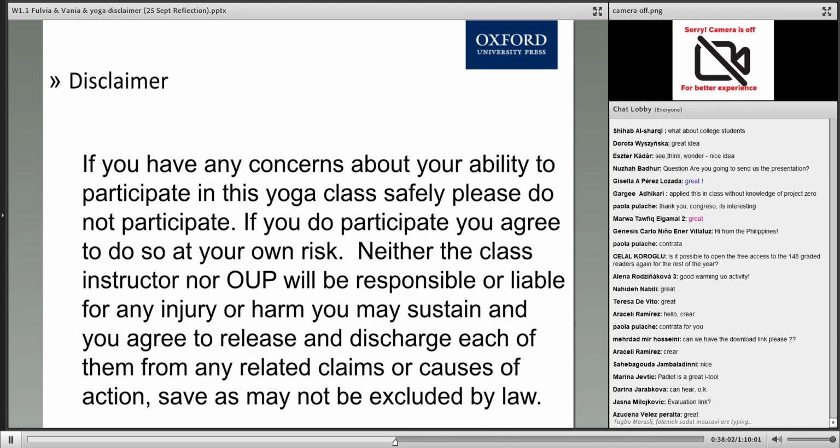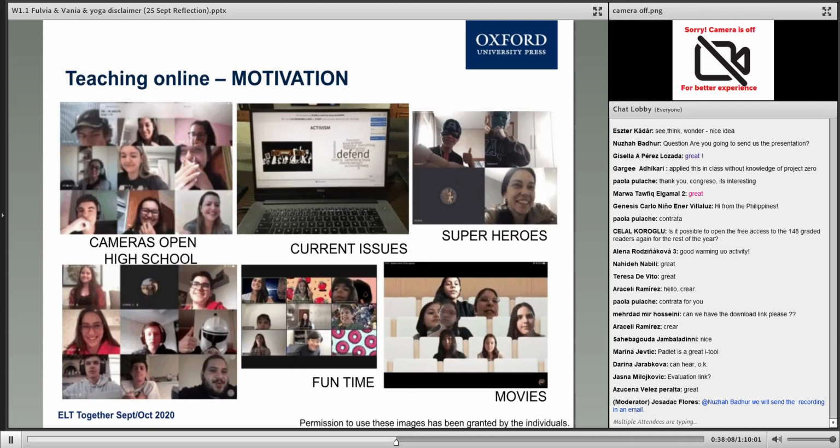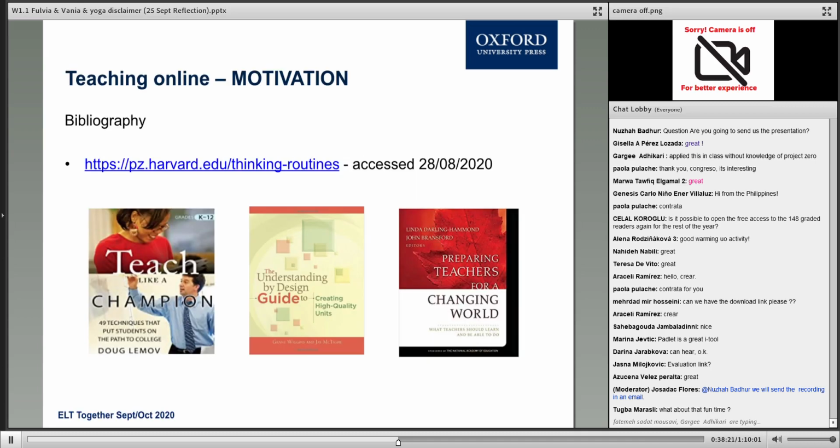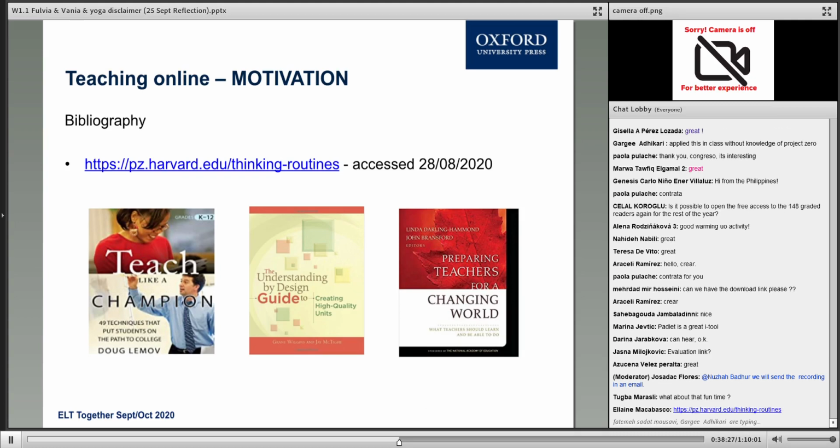And the ideas basically came from the site of Project Zero Harvard, and also from 3 books we've been exploring at school: Teach Like a Champion, Understanding by Design, and Preparing Teachers for a Changing World.